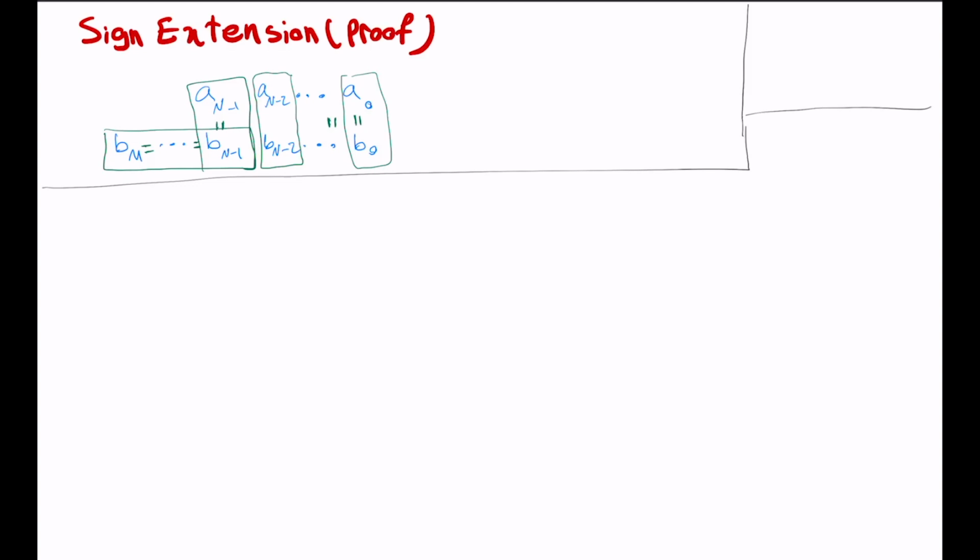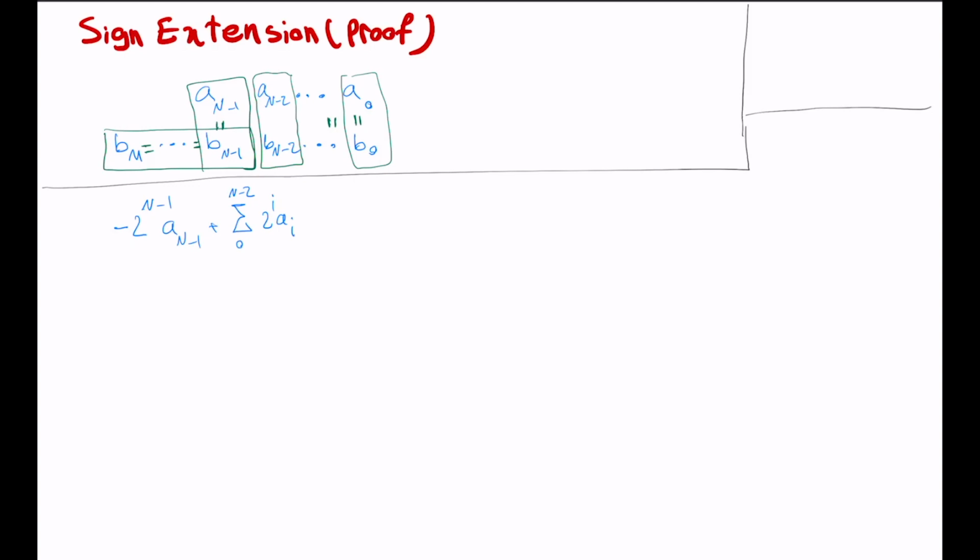Okay, so what I'm going to do is write the decimal number for A. Remember from this second property that we proved, A is minus 2^(n minus 1) times A(n minus 1), plus the sum from 0 to n minus 2 of 2^i times Ai.